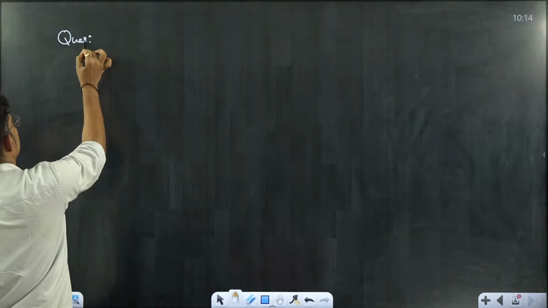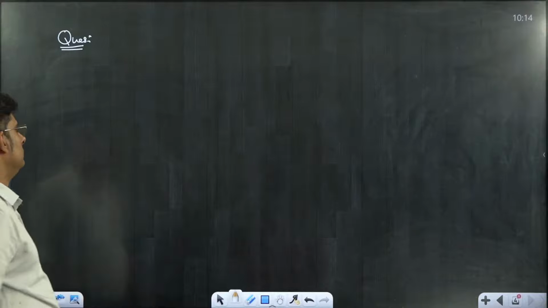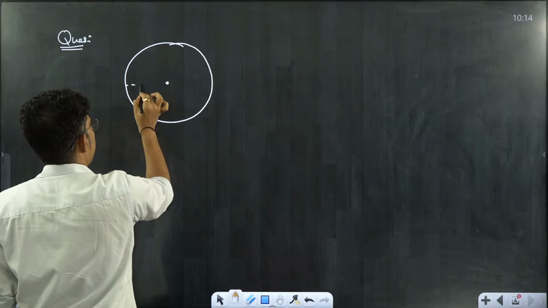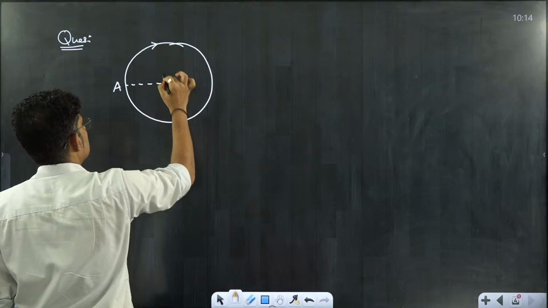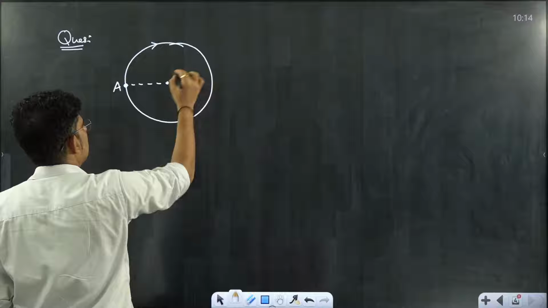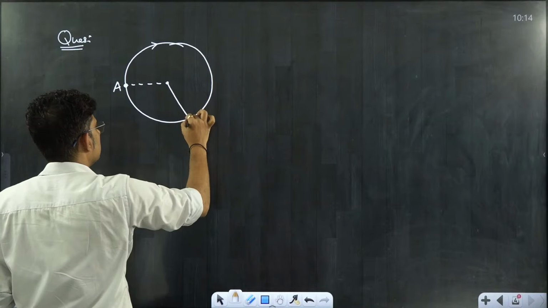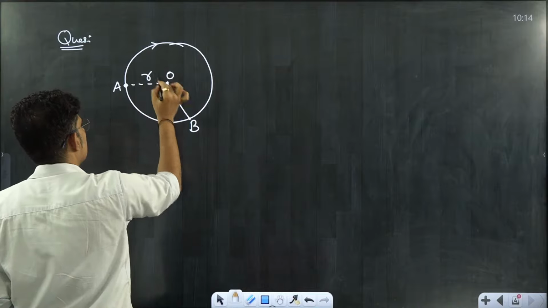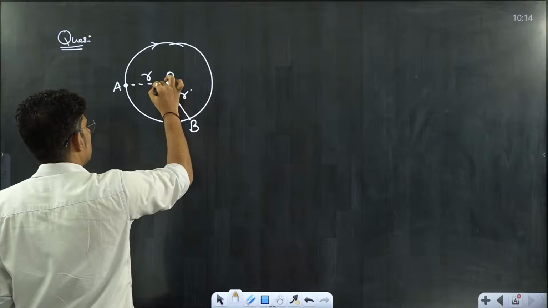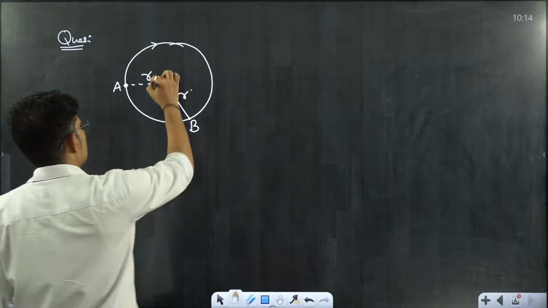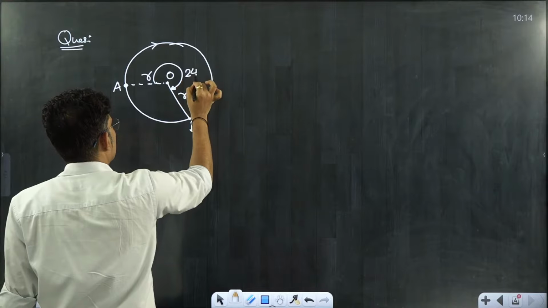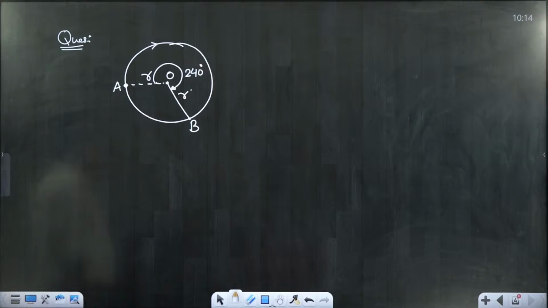Now the next question that we have is, we have a circular path and a particle starts from the point A and starts moving and reaches a point B, 240 degree angle.